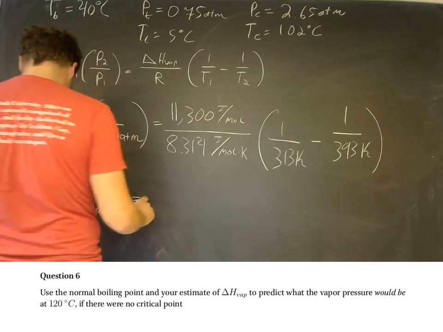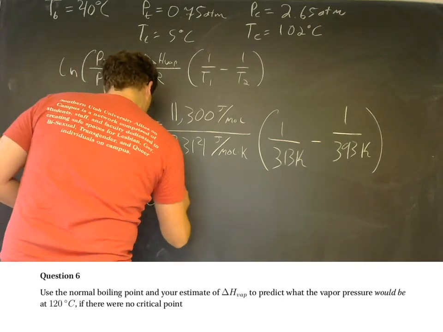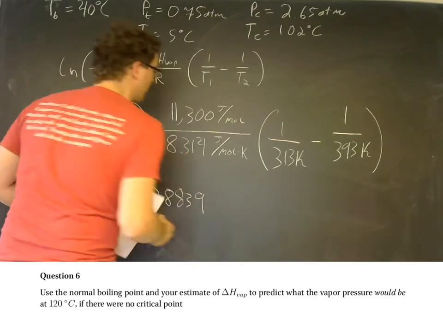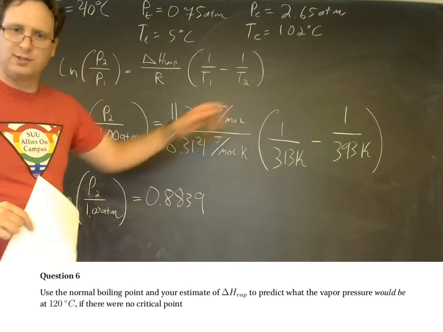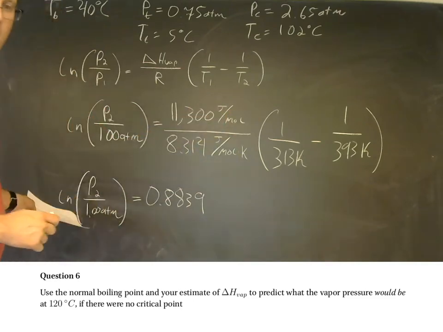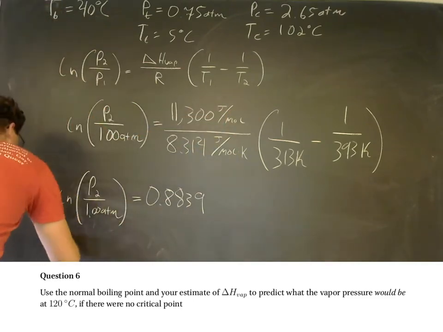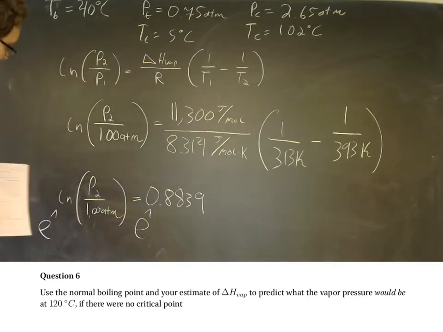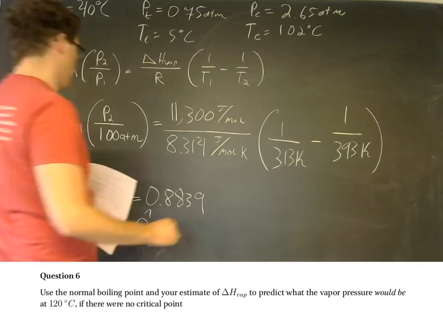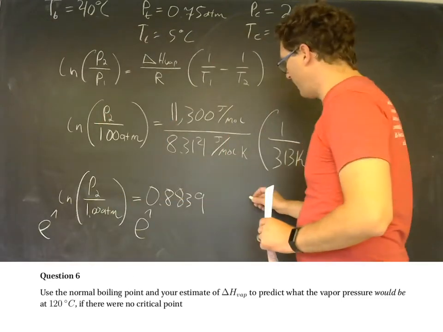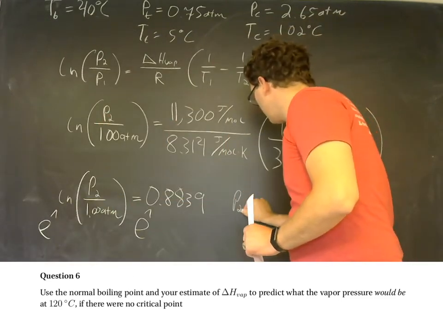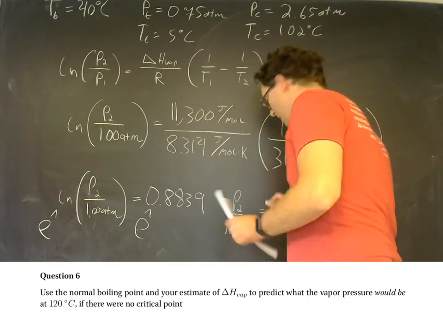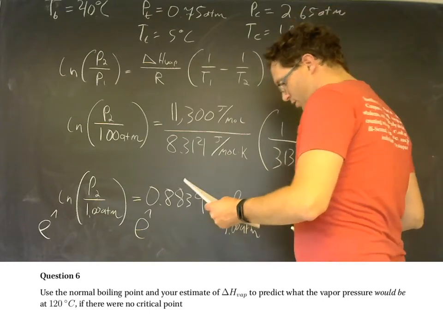So if we solve everything on the right side here, we get the natural log of P2 over 1 atmosphere is equal to 0.8839. And this will be unitless. All those units cancel out. In order to undo the natural log, we'll raise e to the power of both sides. That just gets rid of the natural log, and on the left side we get P2 over 1 atmosphere is equal to 2.42.